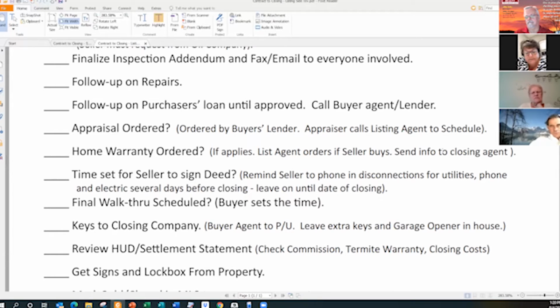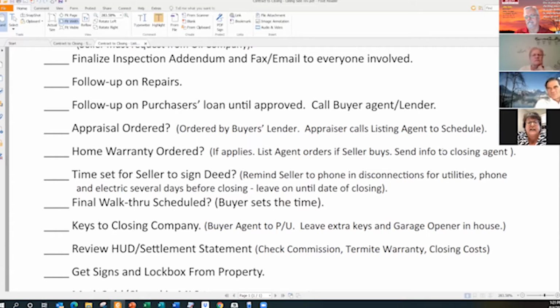Home warranty. If there's a warranty in place, if the seller wanted it at the time of the listing, you've probably already ordered it. But if it comes up as part of the contract, if the seller's paying for it, the listing agent orders it, and sends all that info in to the closing attorneys.